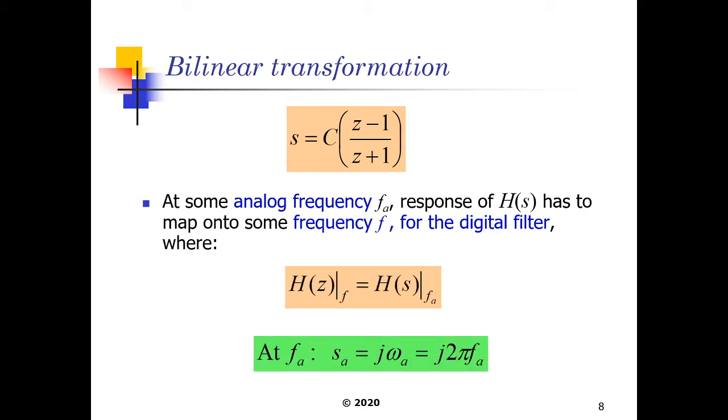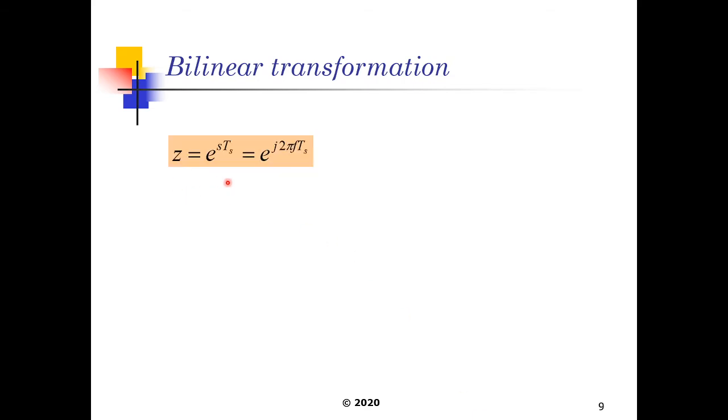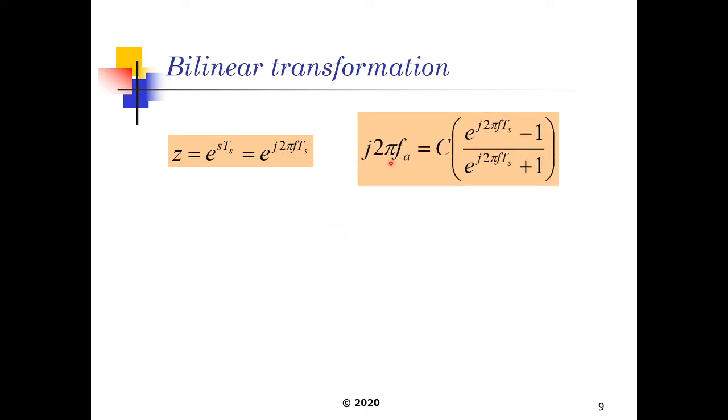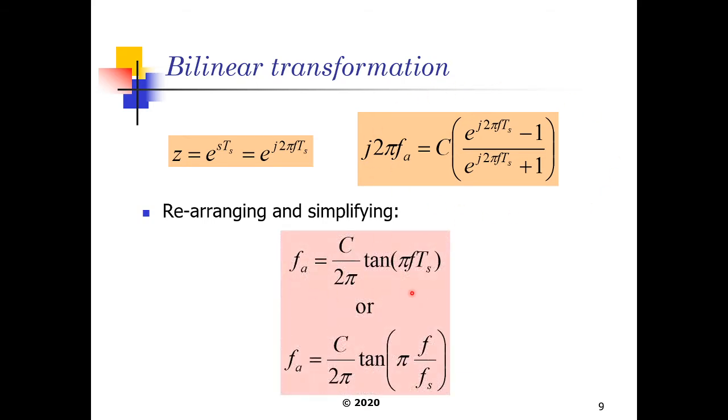What we notice in doing this is that at that analog frequency, s_a is equal to j omega_a, which is j 2 pi f_a, and we know z was equal to that exponent form, so we can substitute T_s into 2 pi f T_s here. With z equal to that, we can map z accordingly to this form here. But this was in terms of s, and we said s was equal to c times this, and then we can rearrange and simplify this entire equation to get our f_a equation here.